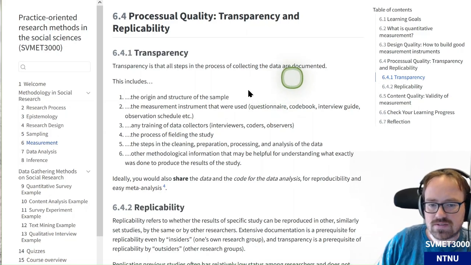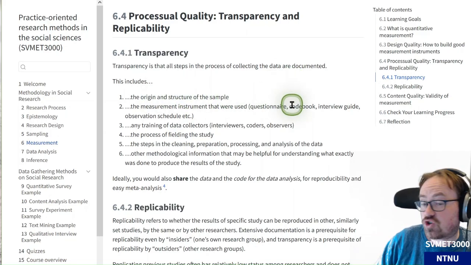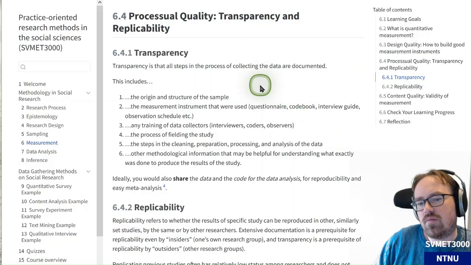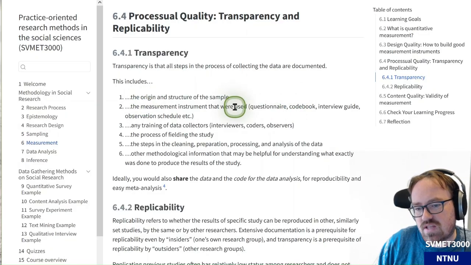That includes the origin and the structure of the sample, the measurement instruments that were used.